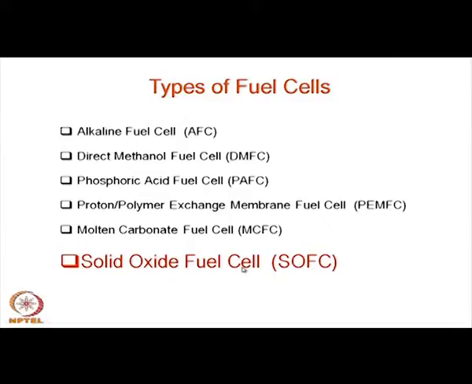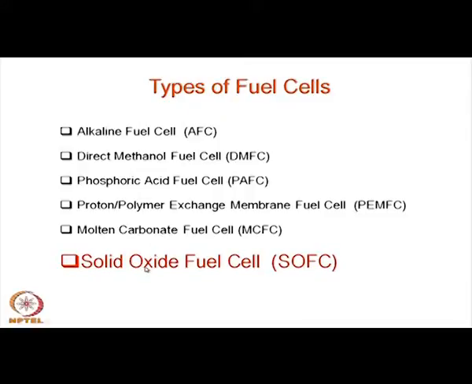Originally it used to operate around 900 to 1000 degrees centigrade, primarily because the electrolyte zirconia does not have very high ionic conductivity, or the overall conductivity is relatively low. So, sufficient conductivity is obtained only at a higher temperature. That is the reason the operating temperature is highest among all the fuel cells listed here.